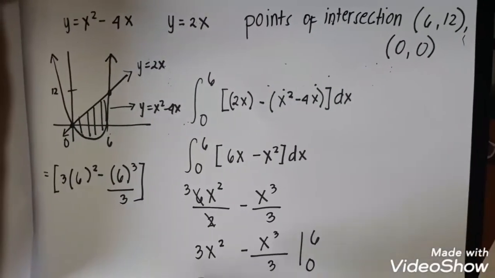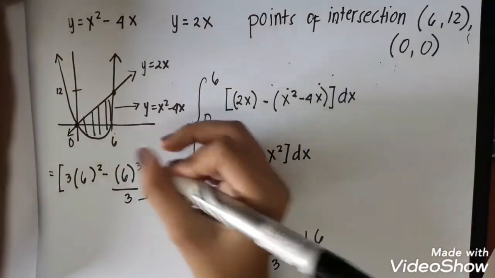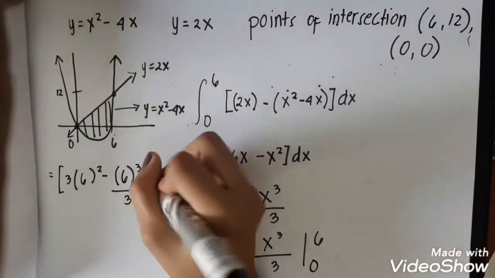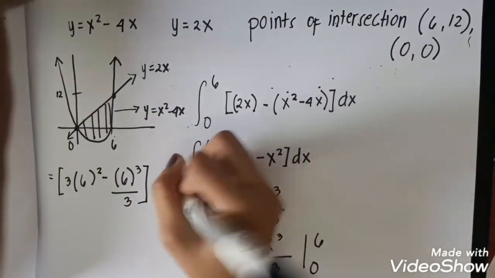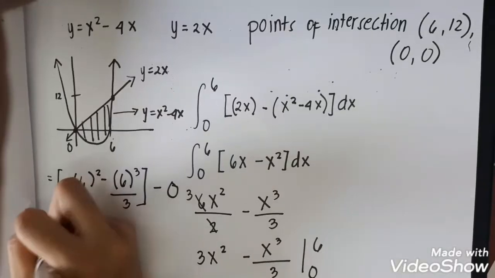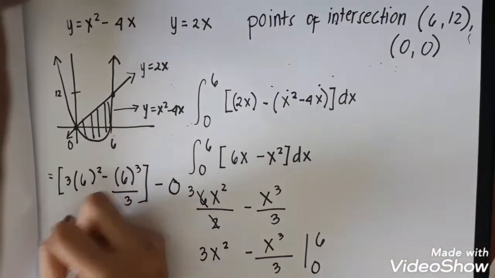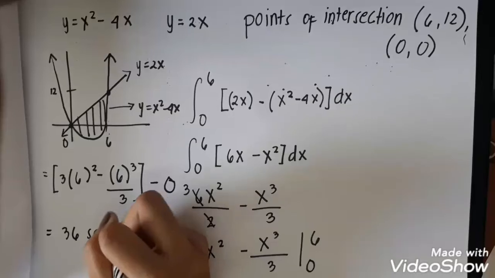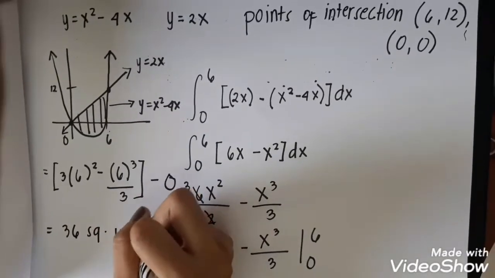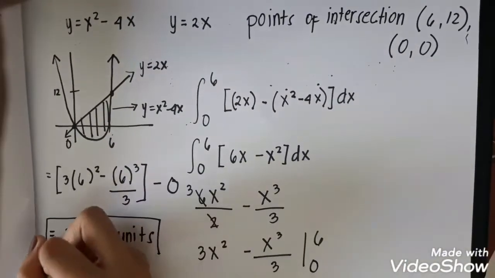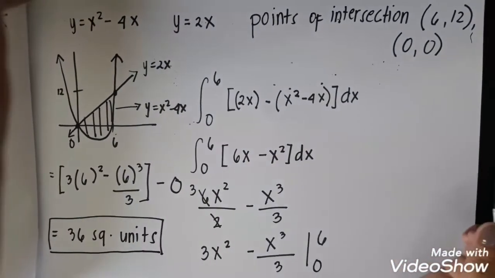Then if you plug the 0 here, everything will just be equal to 0. So let's just put 0 here. And then the answer is 36 square units. So this is our final answer.